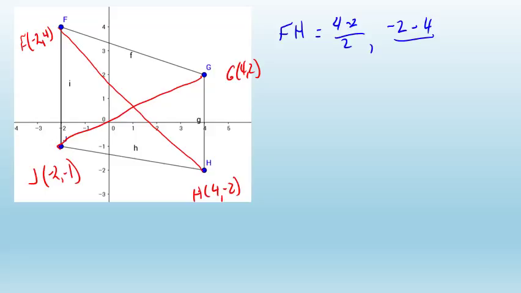Excuse me, these are plus. So let's see, 4 plus -2 is going to give me just 2 over 2. And -2 plus 4, well, that's also just going to give me 2 over 2. And so the midpoint of FH is 1, 1.